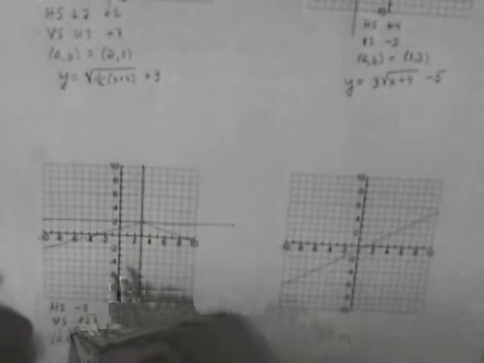Vertical shift, it's been shifted up 2, which is plus 2. And the a and b values, the first point that I see is right here. So this is over 3, down 1. Over 3, down 1, 3, negative 1.